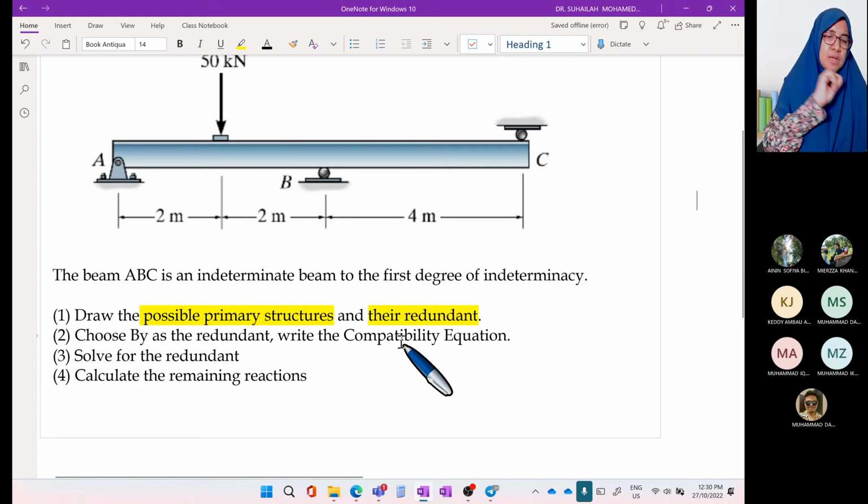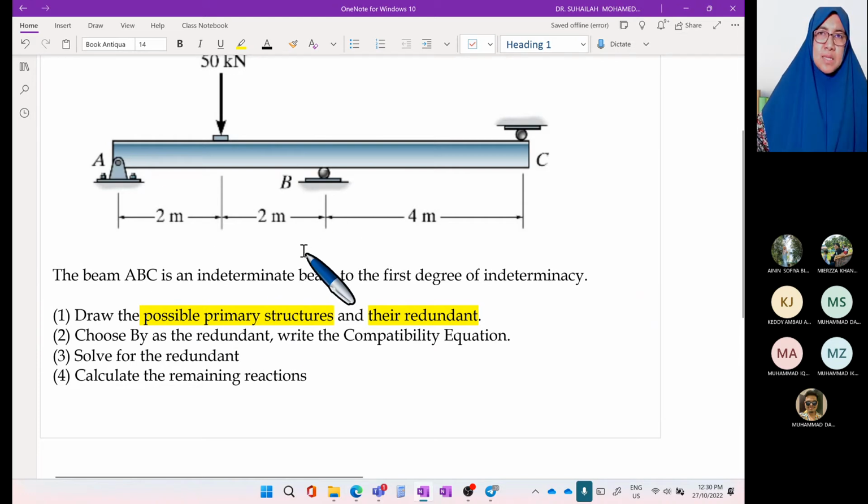After that, we will analyze the two determinate systems, primary beam and redundant beam. Calculate the reaction and moment equation, and write the moment equation for both diagrams. Then we substitute into the formula and continue until the end.